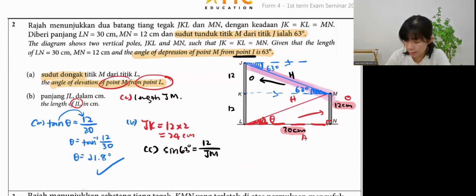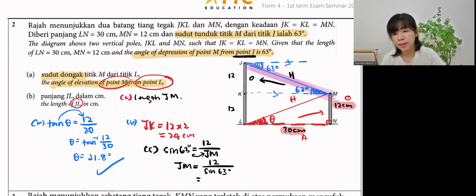So to find JM, this JM, bring over sine 63, can move down straight away. JM equal 12 over sine 63. So the answer is 13.47. 13.47 cm.